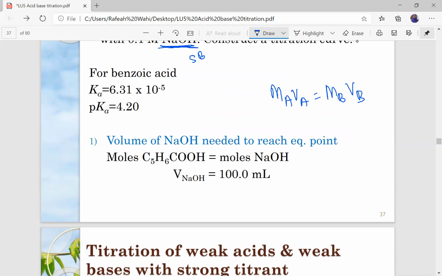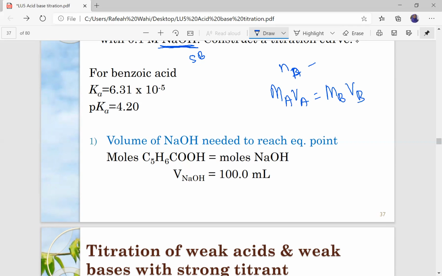Don't get confused because of the strong acid or weak base or weak acid cases. In all cases of titration between acid and base, at equivalence point, the number of moles for acid and base are always the same.